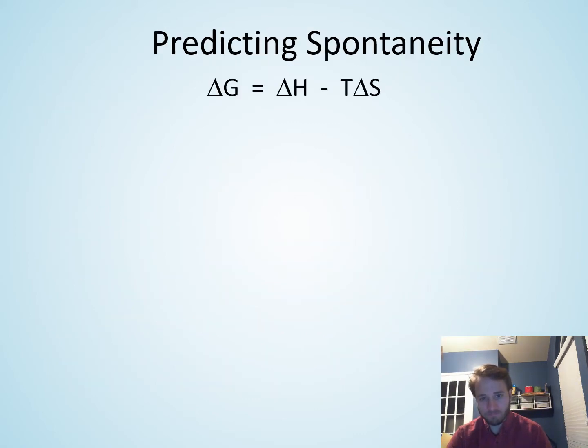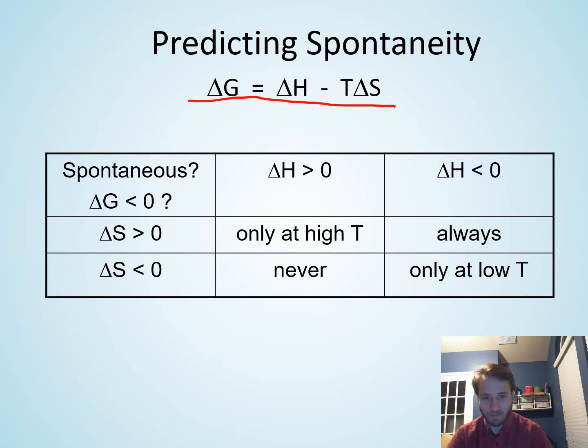So if I want to predict spontaneity in a chemical reaction, I want to calculate its free energy change, delta G equals delta H minus T delta S. If something is spontaneous, that means delta G is less than zero. One case where this occurs is if delta H is less than zero and delta S is greater than zero.